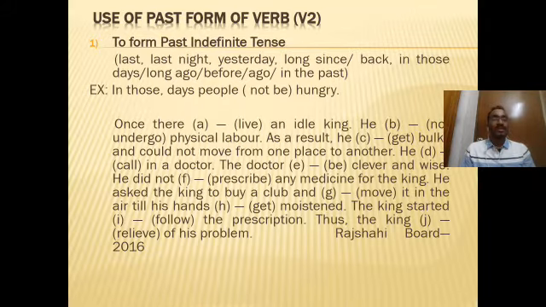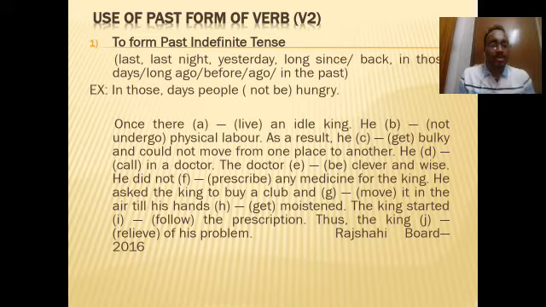If we find this type of indicators in a sentence, we can easily use the past form of verb, that is verb 2. For example, in those days people not be hungry. So be verb, what is the past form of be? Was and were. So here we will use not be, that means were not hungry, because in those days is the indicator here.